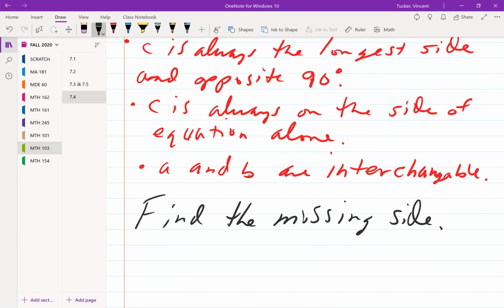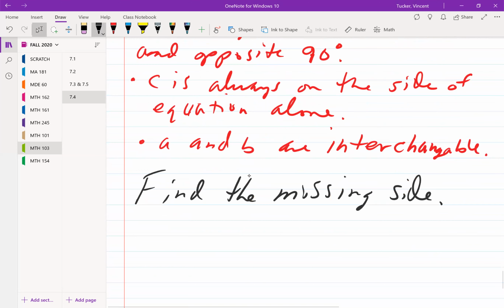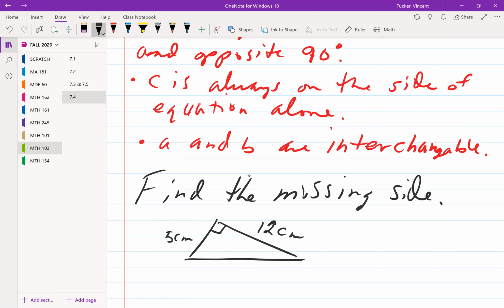So if we want to find the missing side, they gave us this diagram and asked us to find the missing side. This side is opposite 90 degrees, so that means that's C. That means A and B are the legs, and then C is the missing piece.